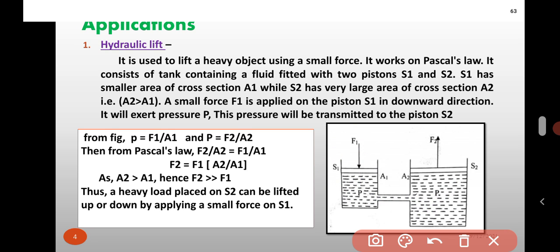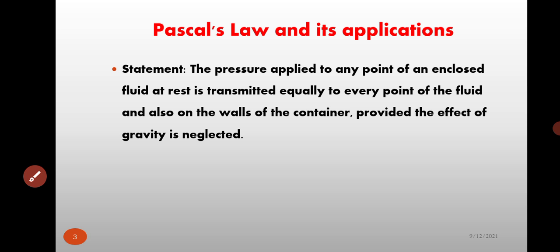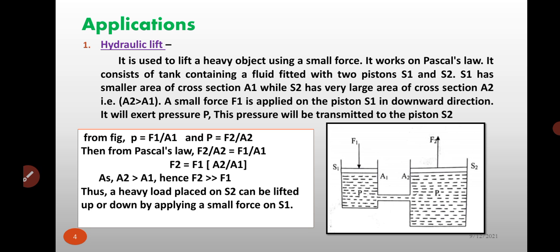Therefore, from the figure we write P is equal to F1 upon A1 and P is equal to F2 upon A2. By Pascal's law, the force applied is transmitted equally to every point of that fluid.